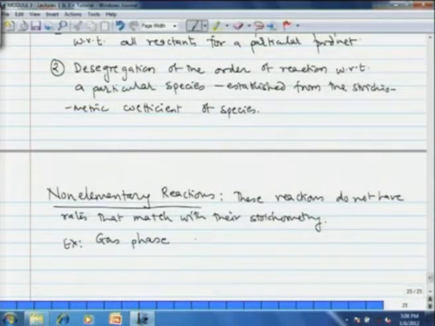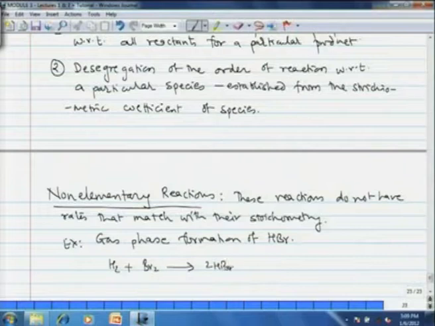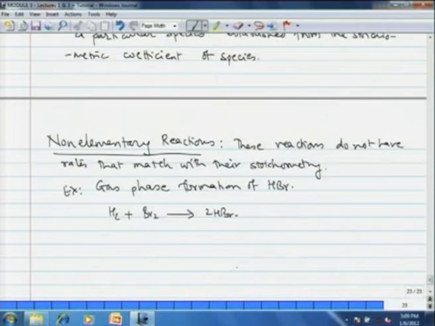Gas phase formation of HBr. The main reaction, or the overall reaction, is H2 plus Br2 giving 2 HBr. However, the reaction proceeds through several elementary reactions.